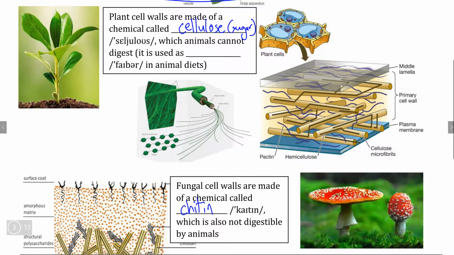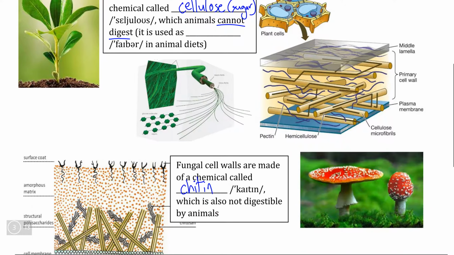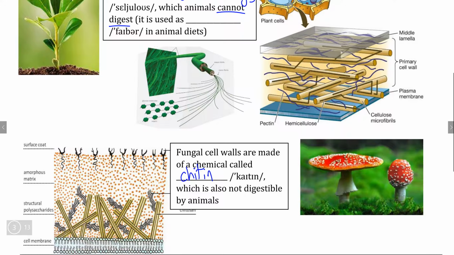The reason it doesn't taste sweet is that humans, as well as pretty much every animal, cannot actually digest cellulose. We don't have the ability to break this chemical down, and the same goes for chitin.